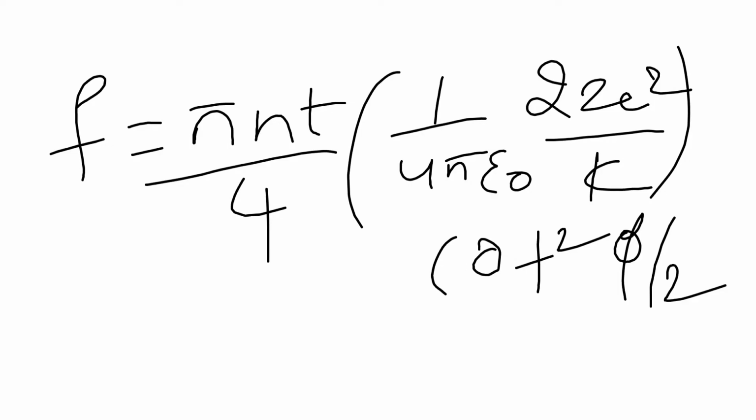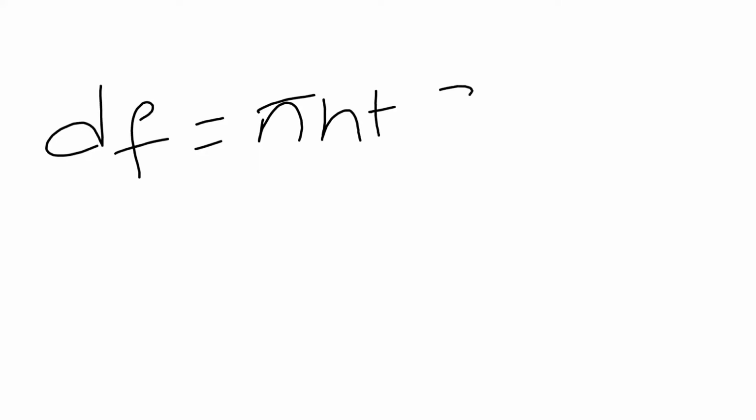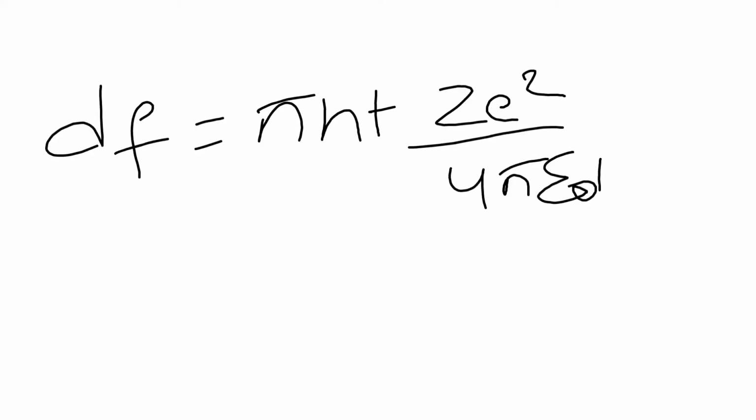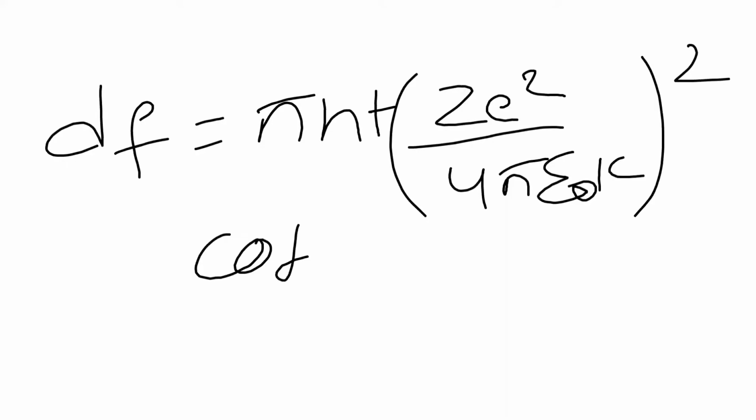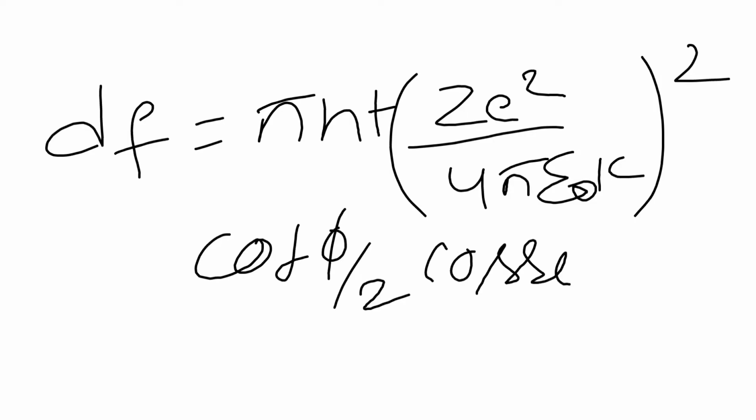Then the final expression leads to df equals pi n t z square e square by 4 pi epsilon naught k whole square, cot theta by 2 cosecant square theta by 2.